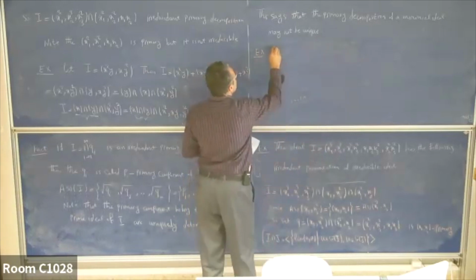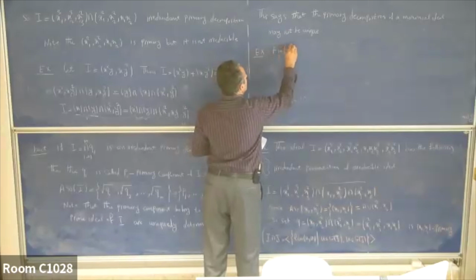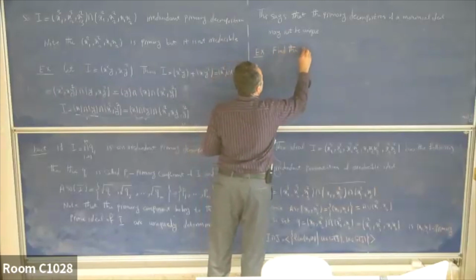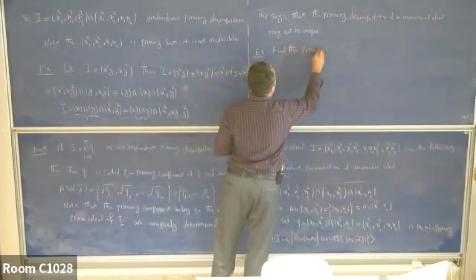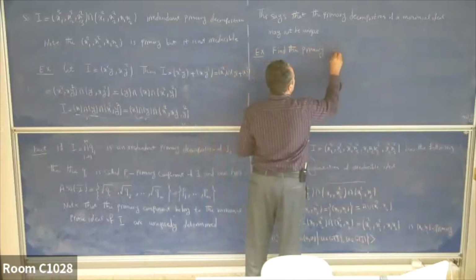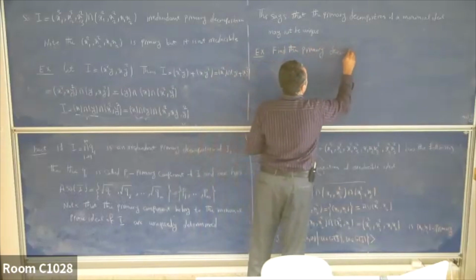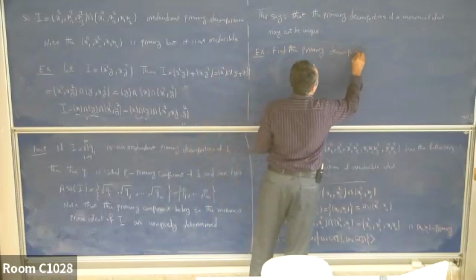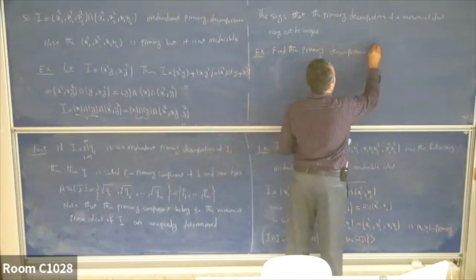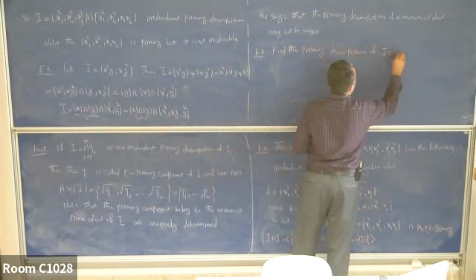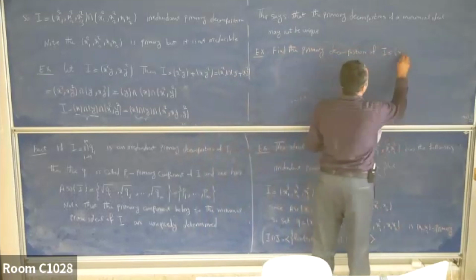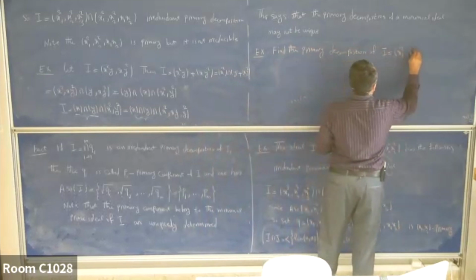Find the primary decomposition of I = (x₁², x₁x₂).